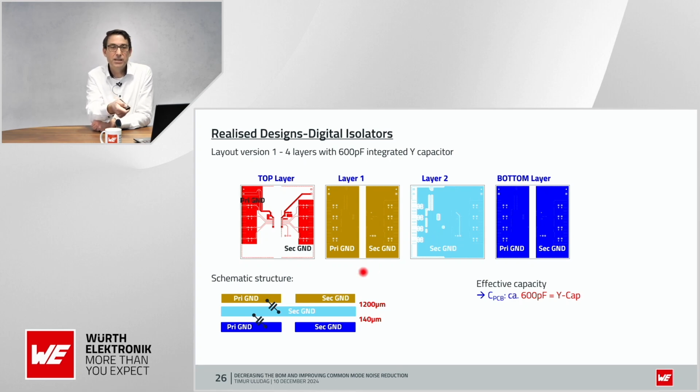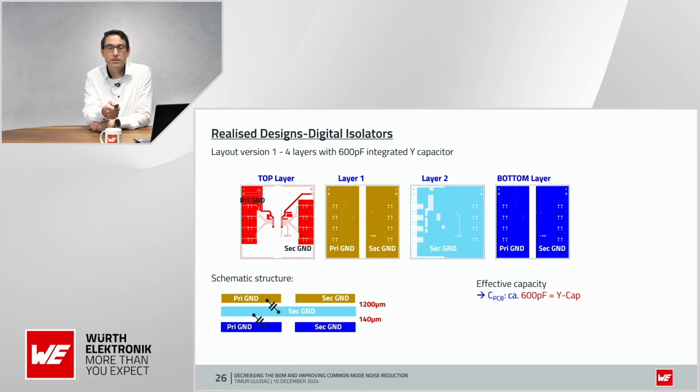As you can see here, we have two of them. Between primary ground and secondary ground, we have a capacitor, and between secondary ground and primary ground on the bottom layer, we have the second one. That, as mentioned, leads to 600 picofarads.